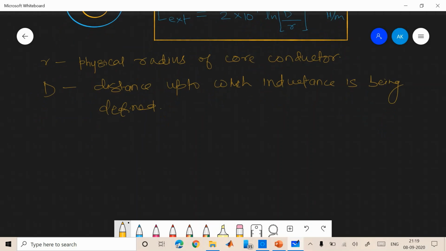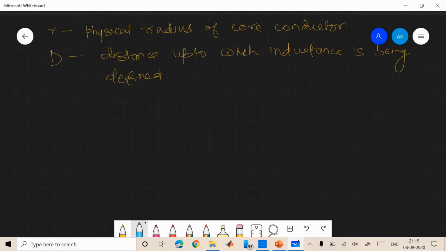Okay, now we will write total inductance due to internal and external flux.